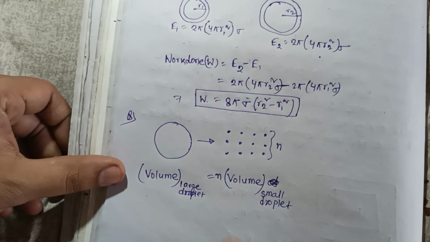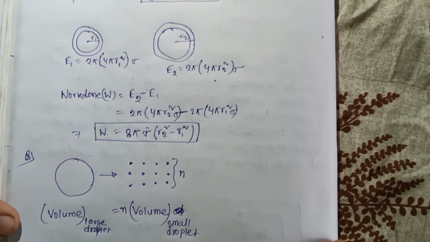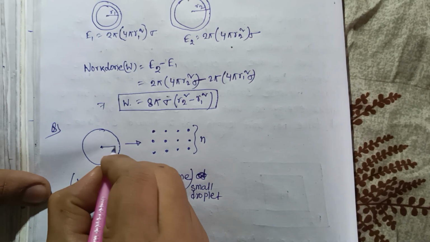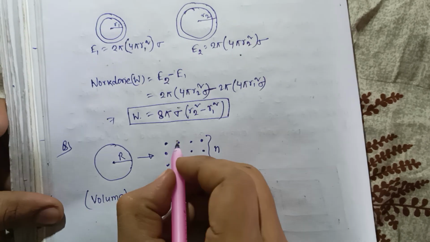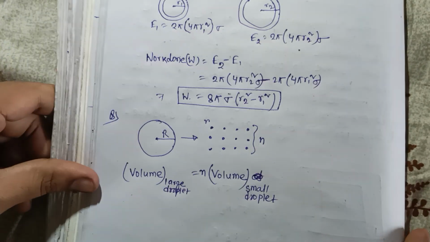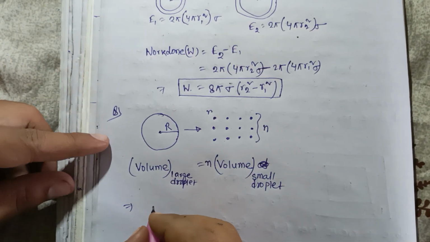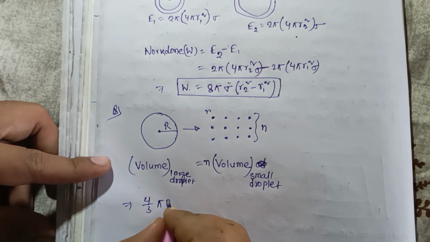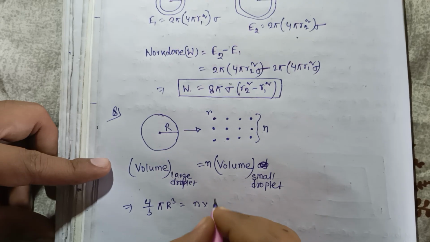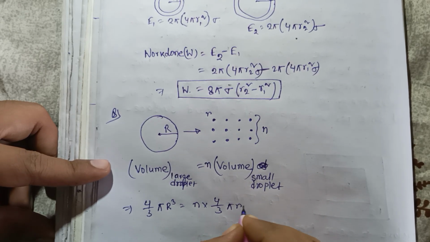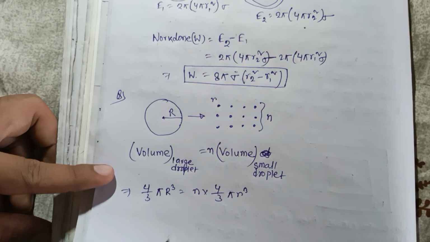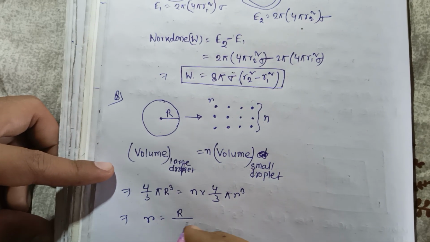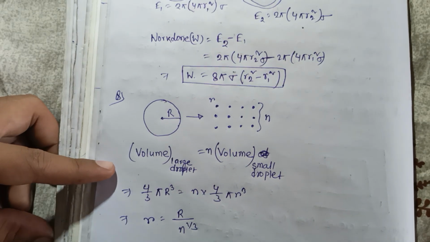Consider the large droplet radius as capital R and the small droplet radius as small r. The volume is 4/3 pi R cube, which equals n into 4/3 pi r cube. From here you can calculate that r equals R by n to the power 1 by 3.